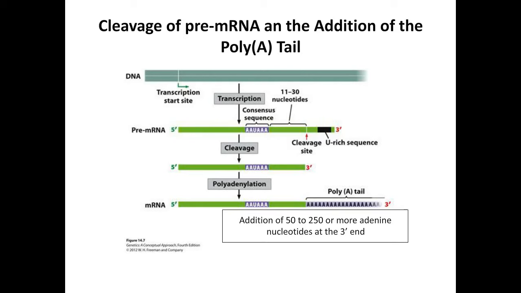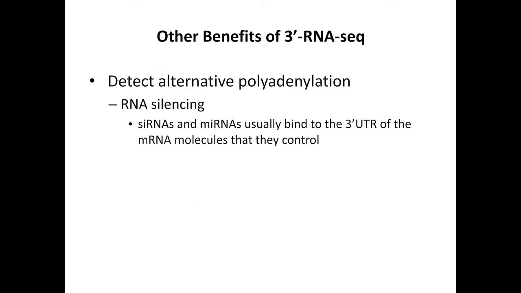And this has implications because some of the RNA silencing mechanisms are related to, for example, siRNA or microRNA. These molecules mostly attach to the 3' UTR of the mRNA molecule that they control. So it is extremely important to know exactly how big the transcript is, and its 3' UTR region.